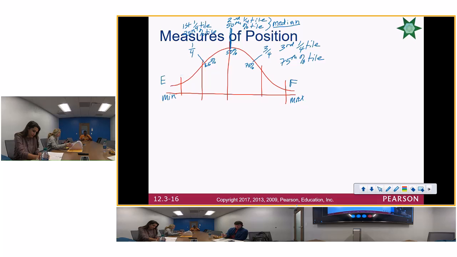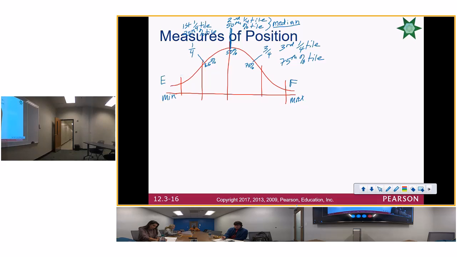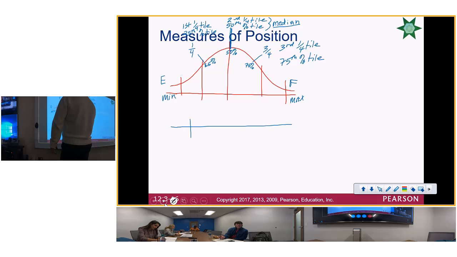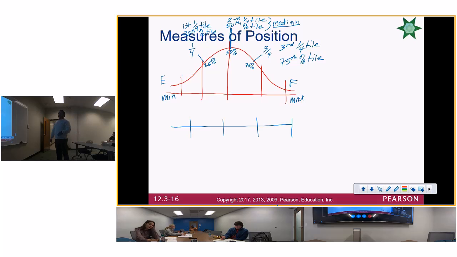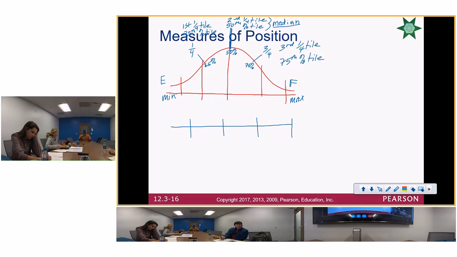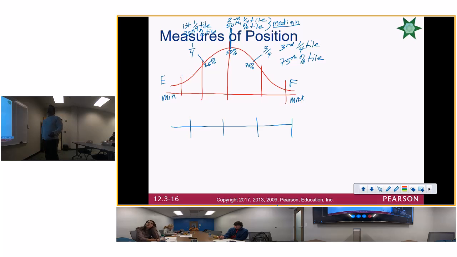Now, some people show it like this. Here's your data. Here's 25%, here's 50%, here's 75%, and here's 100%. I don't do it that way. I think it's easier for people to understand, kind of like a fuel gauge. And if you think about it, I showed you the empirical rule.